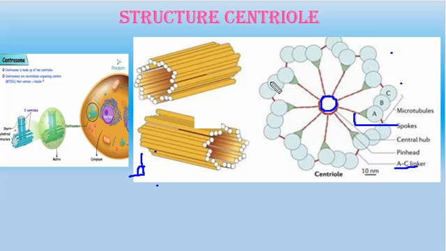So these peripheral fibrils of tubulin are known as triplet.